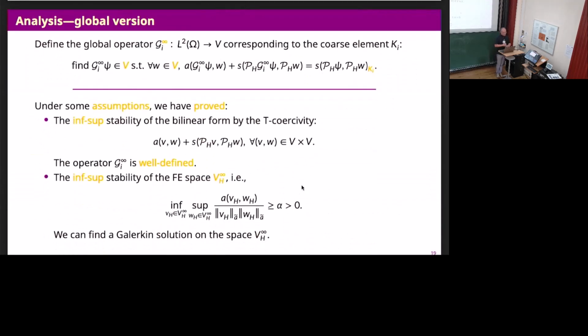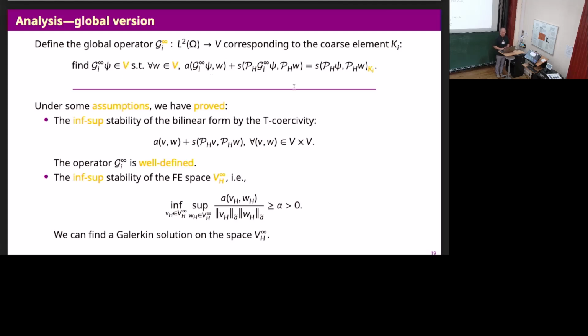Now, here we discuss some analysis. Following the LOD idea, we first consider the global version of the basis. This means that for each eigenfunction psi, we solve this problem in the whole domain, and this V is defined in the whole domain.